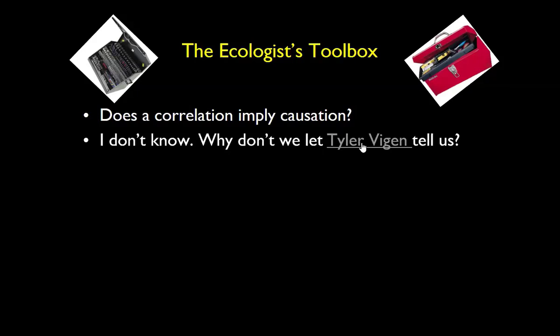I was looking at these last night with some members of my family. We were laughing. The number of people who died by becoming tangled in their bed sheets is positively correlated with per capita cheese consumption when you look year to year. It is on the rise. What's going on? I guess people are eating more cheese and they're also becoming tangled in their bed sheets.